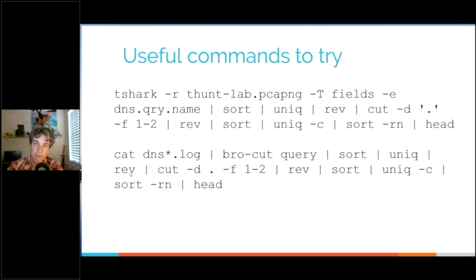Then I'm running it through the reverse command. What the reverse command does is reverse all the characters on the line. I might have a fully qualified domain name www.evil.com, and I want to see how many hosts show up in evil.com. Well, the fully qualified domain name might be www.evil.com. It might be www.eastcoast.evil.com.